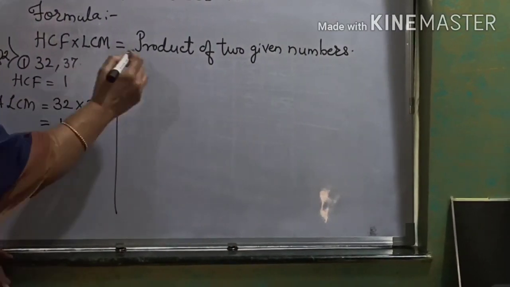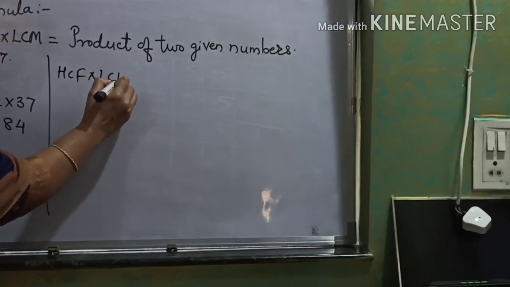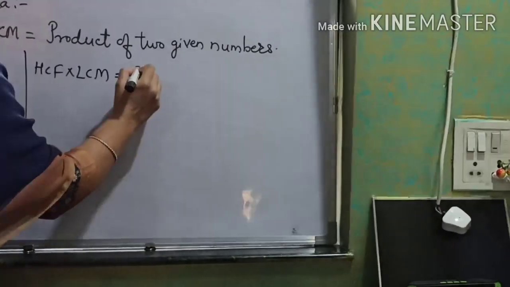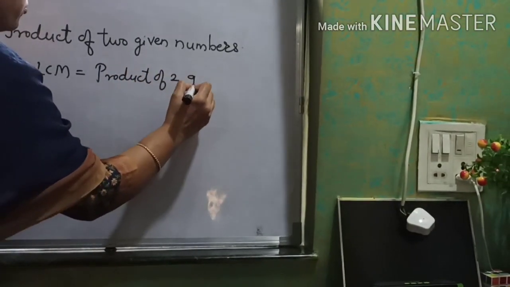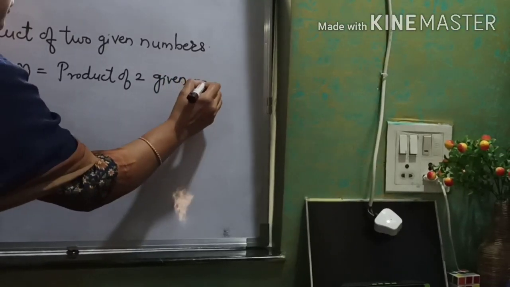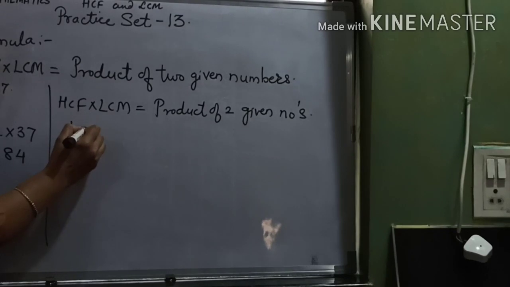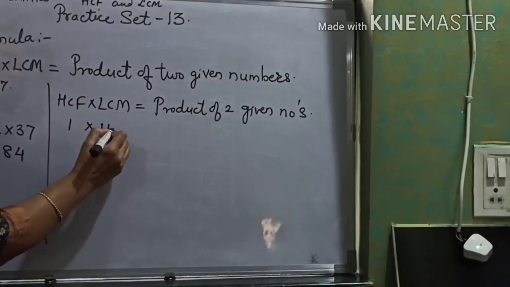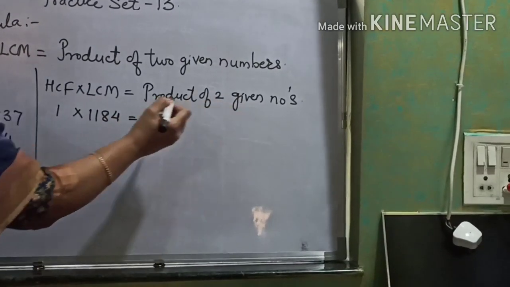So let us write the formula. HCF multiplied by LCM is equal to product of two given numbers. Now HCF here is 1, LCM is 1184, and product of two given numbers.